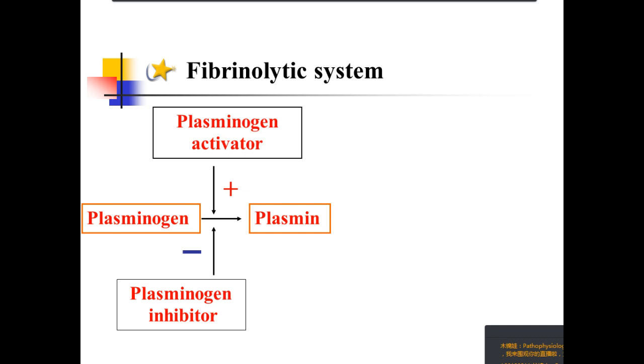Why is the coagulation system activated and at the same time the anticoagulation system activated? Then the fibrinolytic system is activated next. Why is it activated? It must have plasminogen activator.